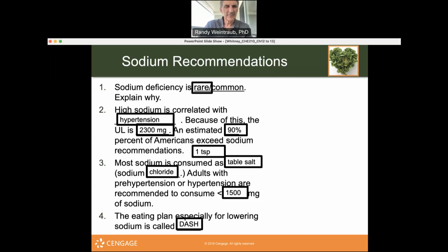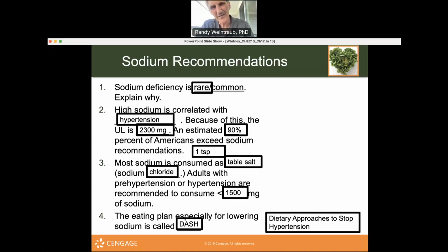Eating plans, especially to lower sodium intake, are called DASH, and they restrict foods that are very high in sodium and are very high in, as you'd expect, fruits and vegetables. DASH is an acronym for Dietary Approaches to Stop Hypertension.